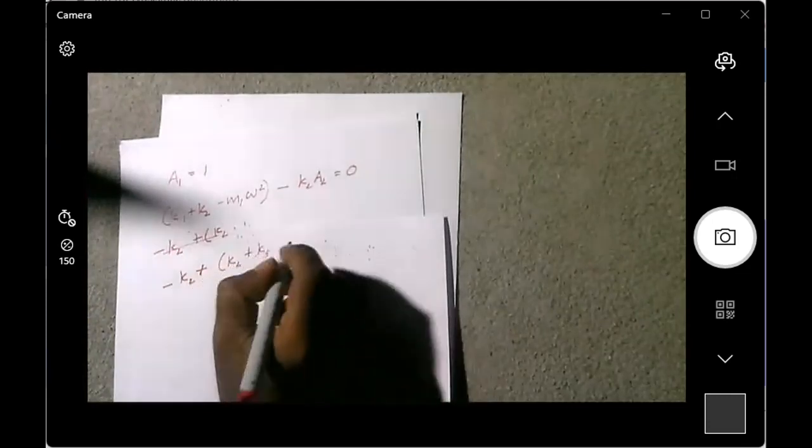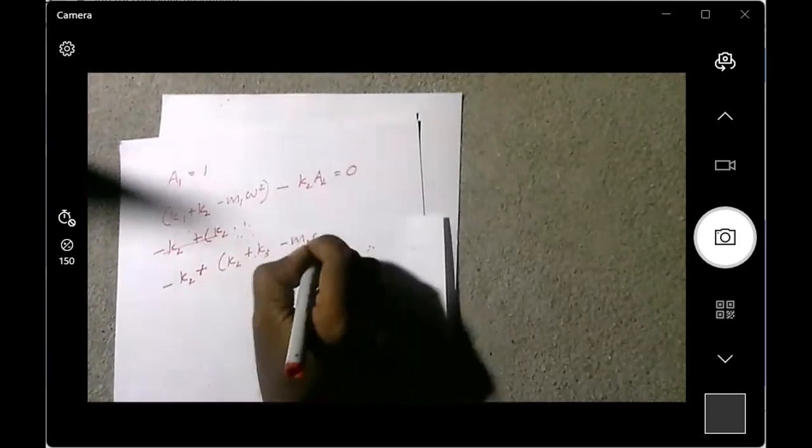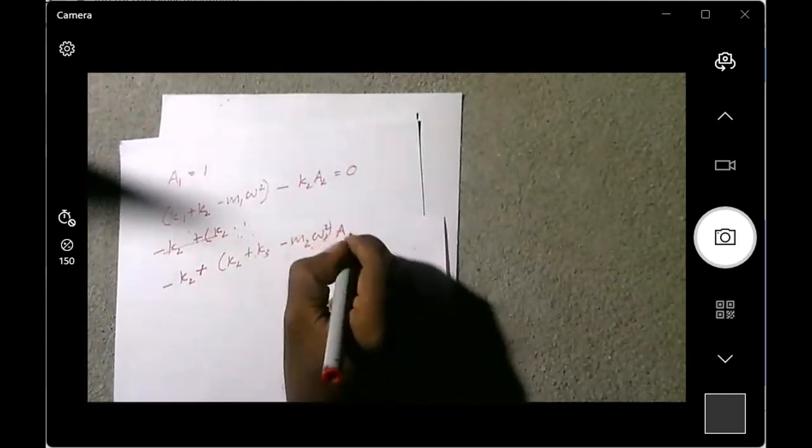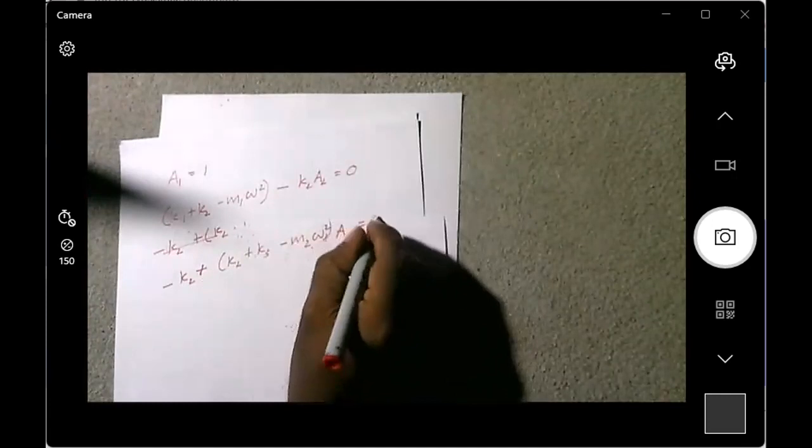Let me write it in one single paper. Right?